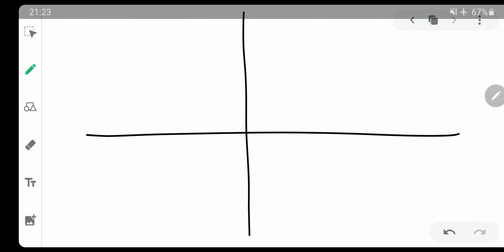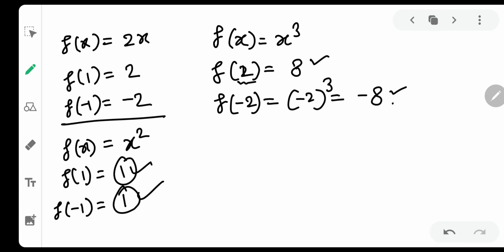Okay, now suppose there is some curve which is having some shape like this. Okay, some shape like this. When I put these positive values of x, I am getting some values of y. Now in some functions, suppose we consider this function, if I change the value of x from 1 to minus 1, the value of y also changed.